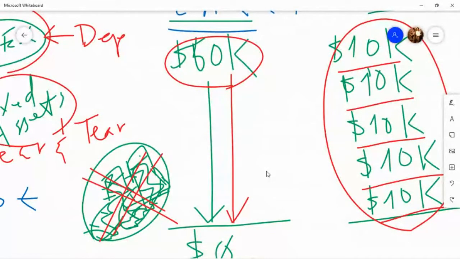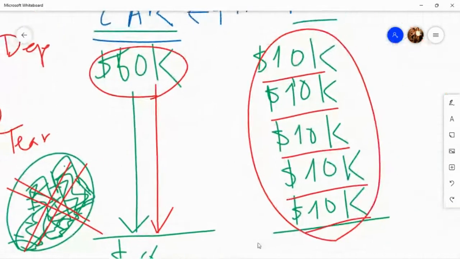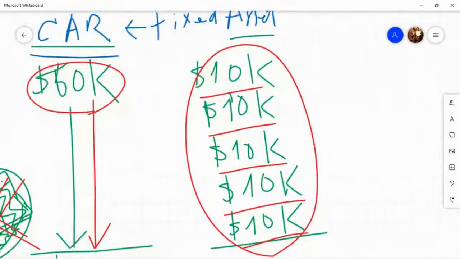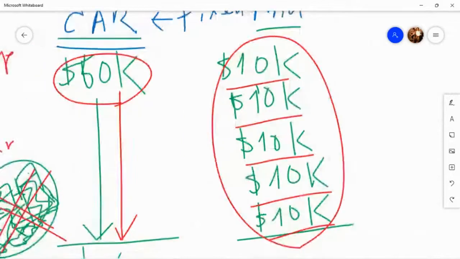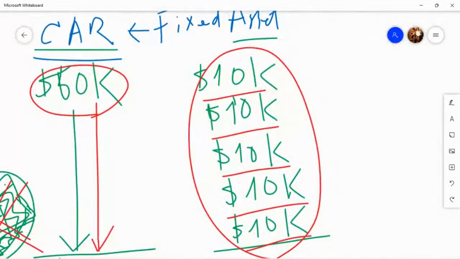But then we're not renting the car. We bought the car. The company bought the car. Then what is the expense? If the company bought the car, actually there are two ways it could have bought it, right? First, they paid $50K upfront, right?